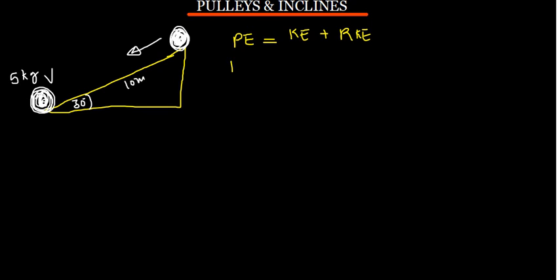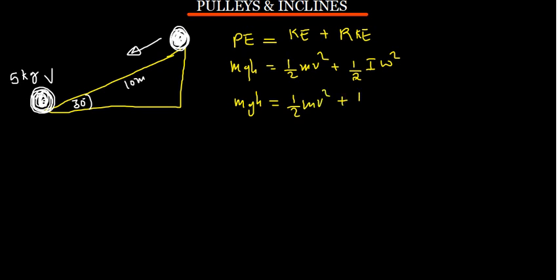So potential energy is mgh, kinetic energy half mv squared, rotational kinetic energy half. Now mass in rotation is inertia, velocity is angular velocity squared. Okay. Then from there, this will be mgh being equal to half mv squared plus 1 over 2.